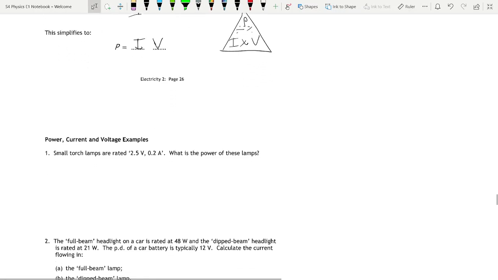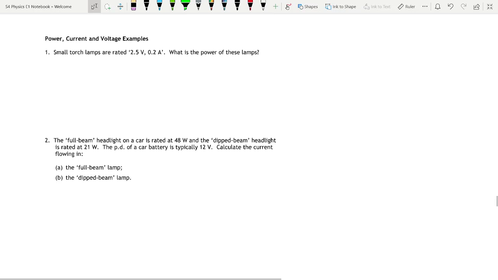Okay. So, power, current, and voltage examples. Best thing to do, write down everything that's given to you in the question and then put it into the equation. So, small torches are rated at 2.5 volts. So, V, 2.5 volts, 0.2 amps, so the current.